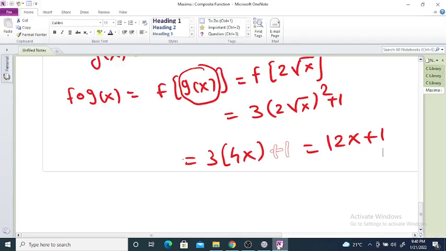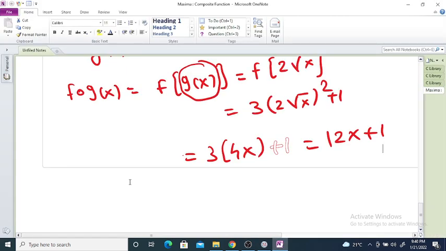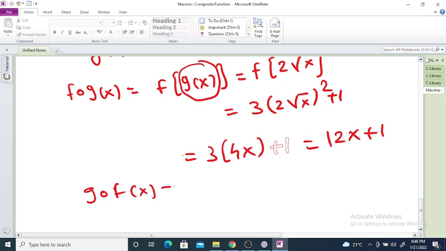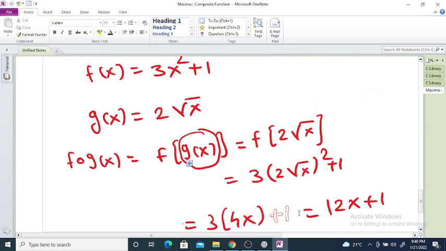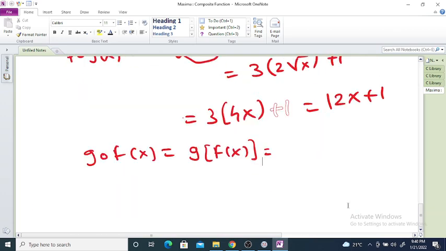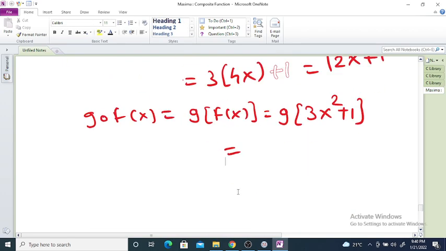Okay, so now next, say g of f of x. g of f of x is equal to g of f of x, which is equal to, what is g here? g is 2 root x, and f of x is equal to what? Thrice x square plus 1. So g of thrice x square plus 1 is equal to 2 times square root of thrice x square plus 1.